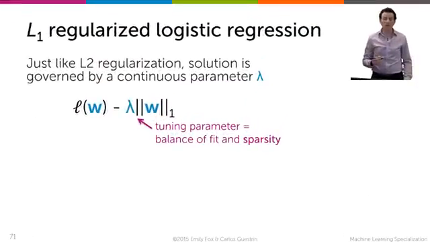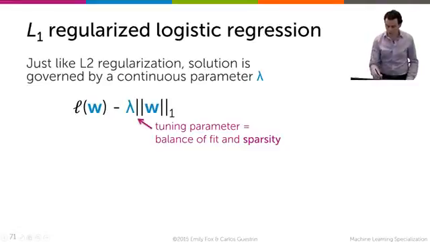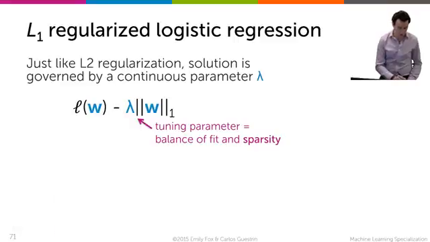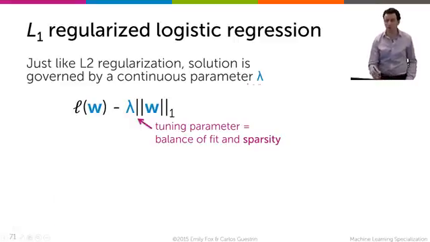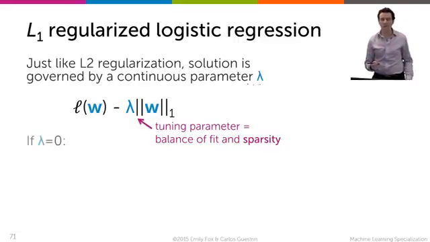That small change leads to sparse solutions. Just like we did with L2 regularization, here we're also going to have a parameter, lambda, which controls how much regularization, how much penalty, we introduce. The objective becomes the log likelihood of the data minus lambda times the sum of these absolute values, the L1 penalty.